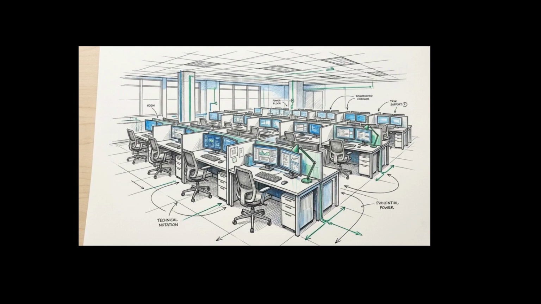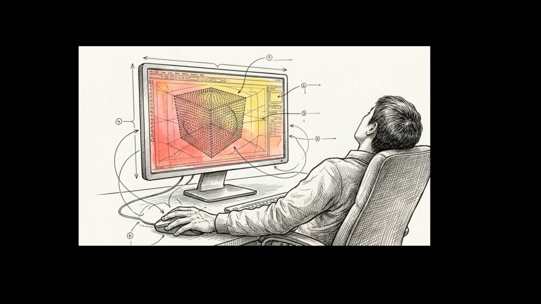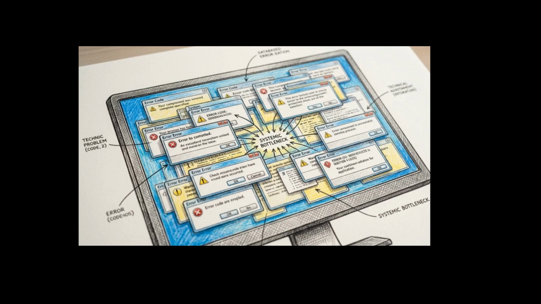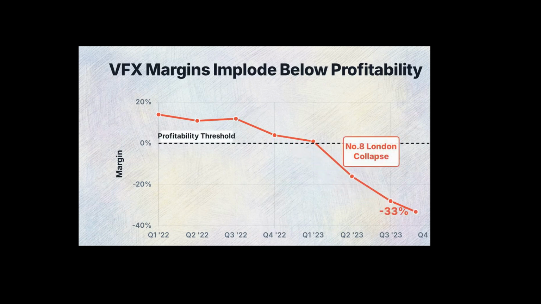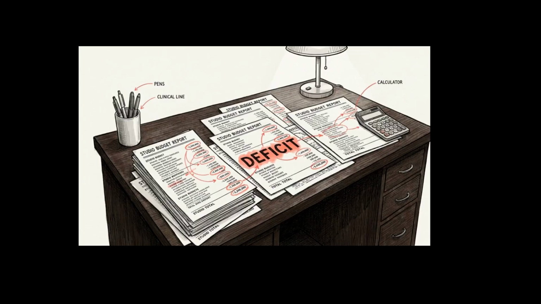Unfortunately, not all of this week's news is positive. Another London VFX studio has entered insolvency following months of financial struggle and management decisions. Whenever something like this happens, social media immediately says AI killed another studio. Personally, I think that's oversimplifying the problem. Studios don't collapse because of one thing.